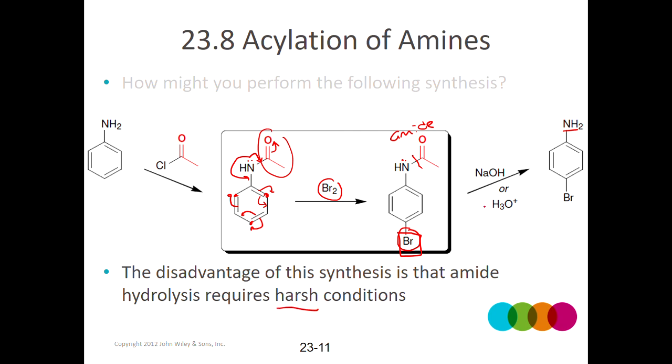It requires a lot of heat and time, and usually concentrated acid. The base doesn't really work quite as well. But you can use either of those conditions depending on the structure. You might get the reaction to work. So this is another example of using a protecting group to aid in the production of a product that would otherwise not be readily formed.